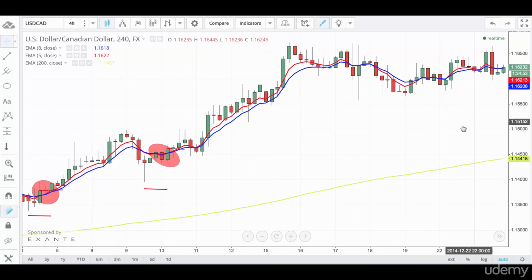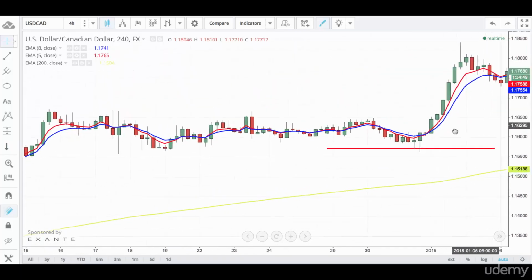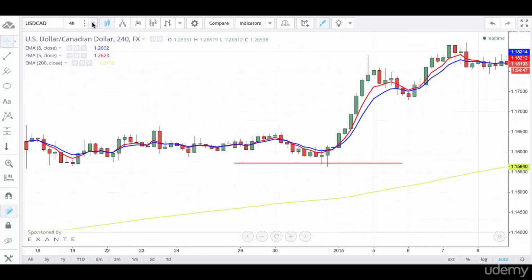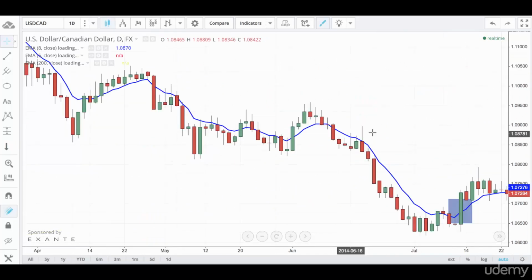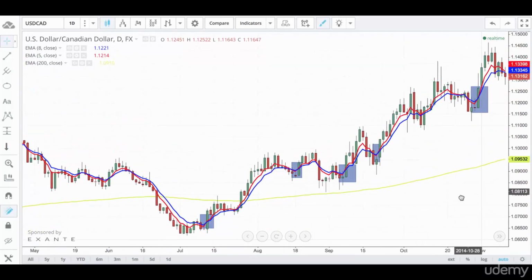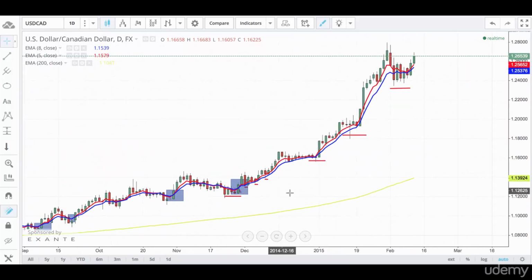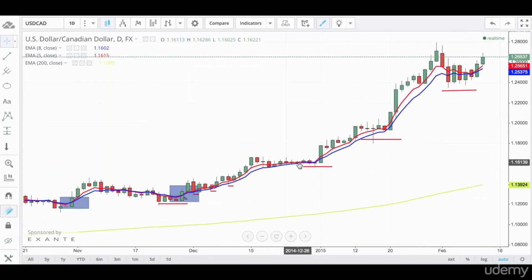Then we see a small correction here, and then the price keeps on going further up. But if we consider the daily time frame, what I'm looking for is, since this crossover happens, another place where we have a bearish crossover so I can exit my trades and take profit.